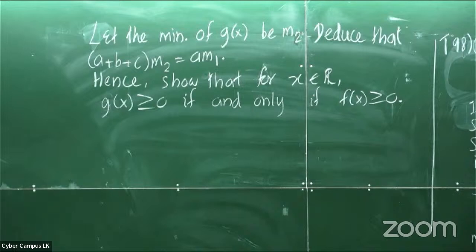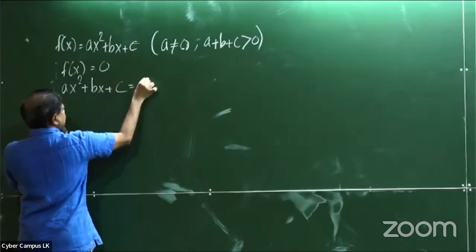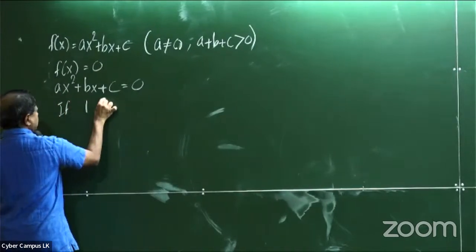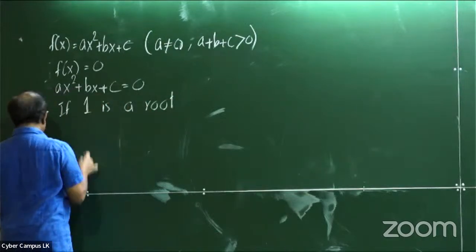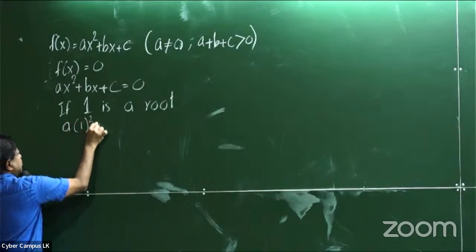We need to show that 1 is not a root. So assuming that 1 is a root, you can come up with a contradiction. So this is the equation of our concern. If 1 is a root, it should satisfy the equation.